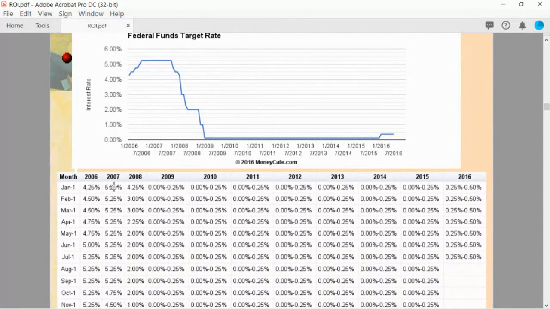So if the interest rate goes up normally by 1%, it would take at least 1 year. But between 2005 and 2006, it went up by 4% over just 1 year. It's like 1 percentage point every quarter.